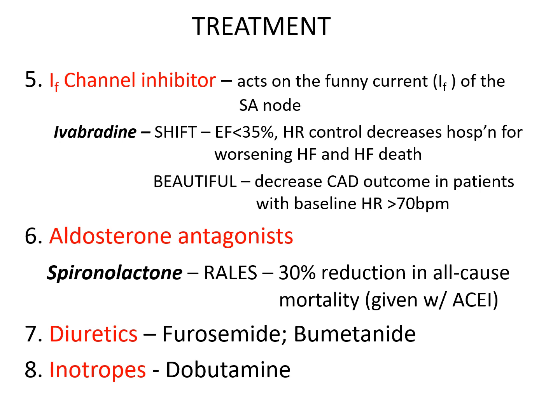The If channel is the funny current of the sinus node. So this ivabradine is used in patients in sinus rhythm. It is not used in patients who are in atrial fibrillation.